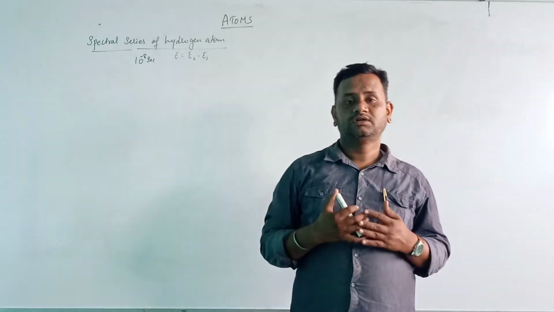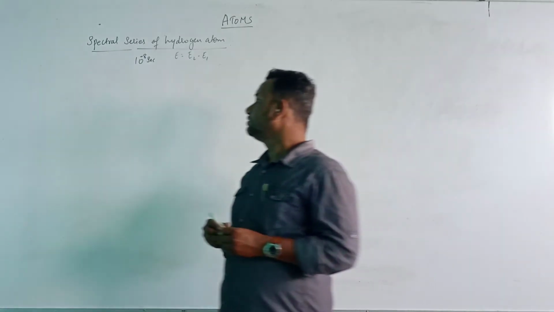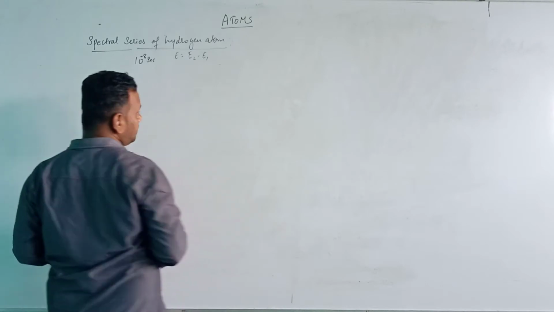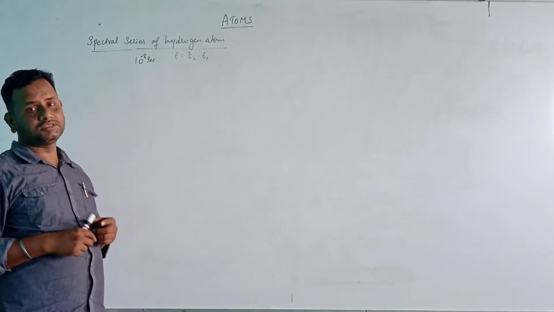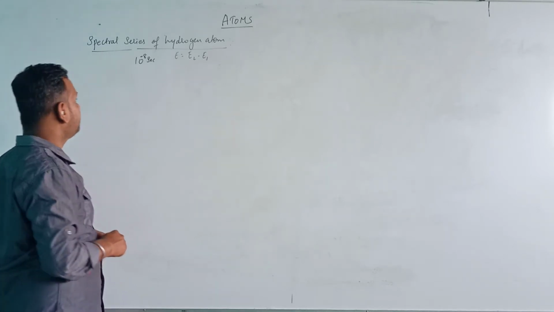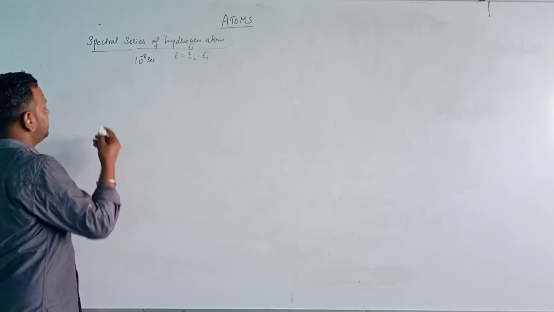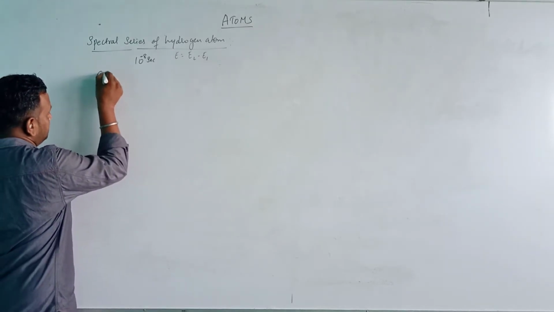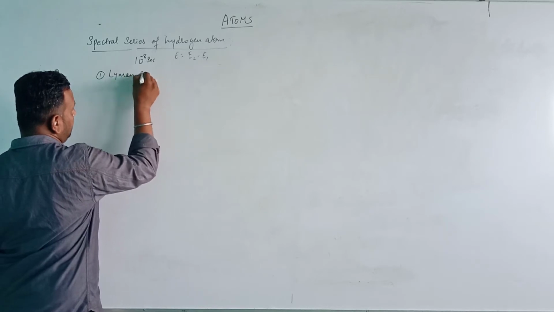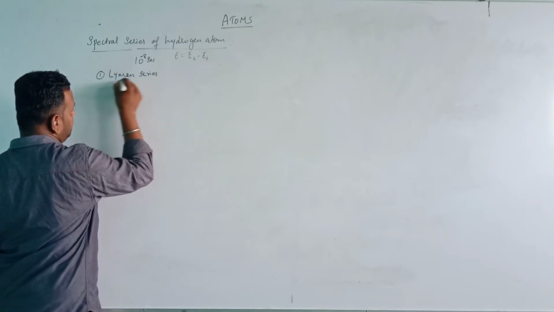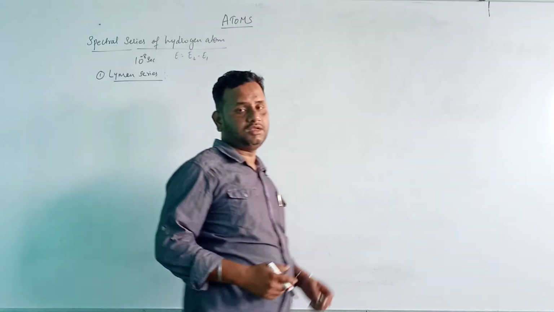Now, during the transition we can observe different types of spectral series. The first one is the Lyman series.